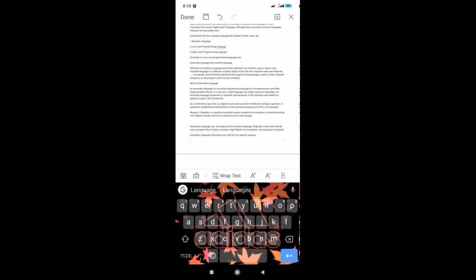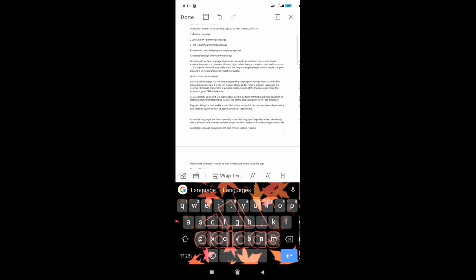Everything is being interpreted one after the other so that your computer will understand what you have inputted, what it's supposed to do. Okay.